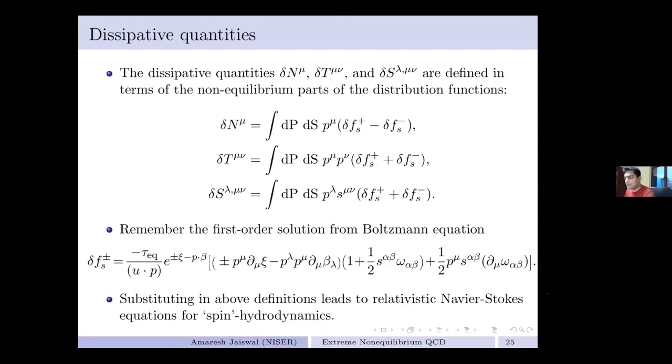All we need to do, and this is the calculation we did in the linear regime, linear in omega, is take this delta f, put it in these integrals, and integrate over s and p. Since this is a first order correction to the distribution function, we would expect to obtain a relativistic counterpart of the Navier-Stokes equation for spin hydrodynamics.